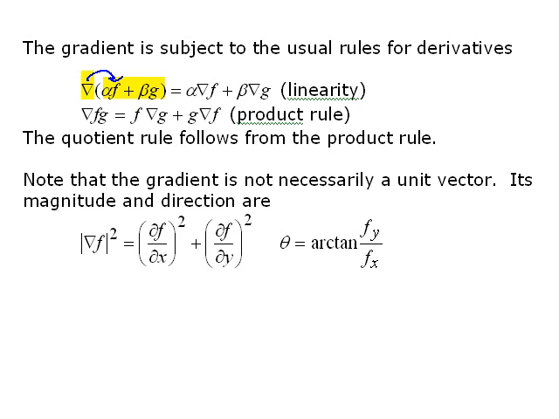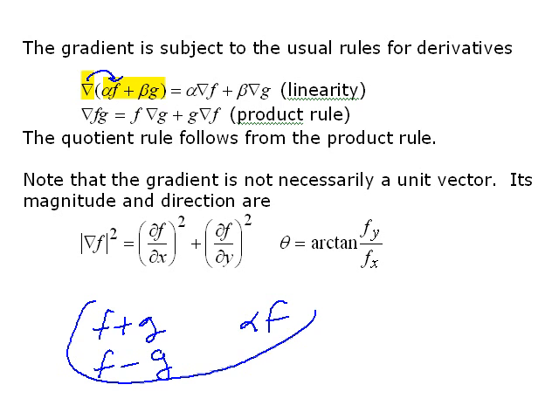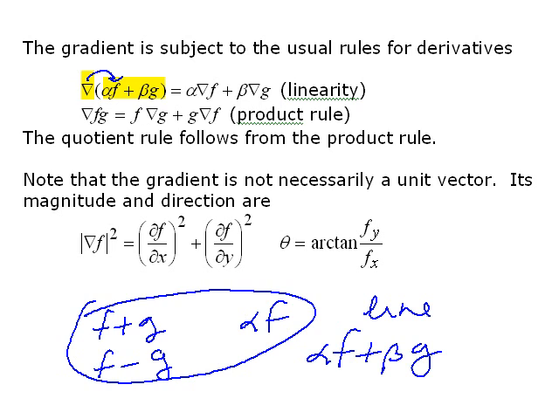Remember, instead of trying to have one rule for f plus g, another rule for f minus g, and a third rule for alpha f, it's more common to combine all those into alpha f plus beta g and apply the rule there. This is called a linear combination of f and g. Also, the product rule holds just as it does for derivatives.